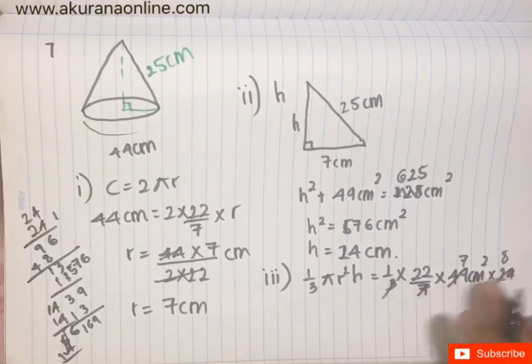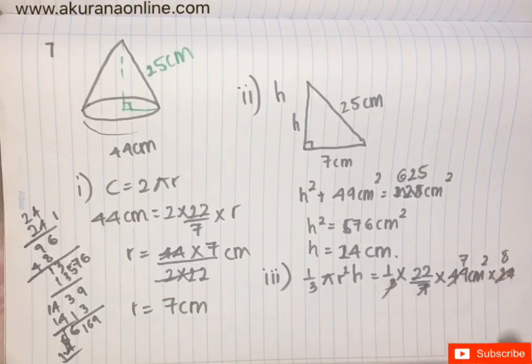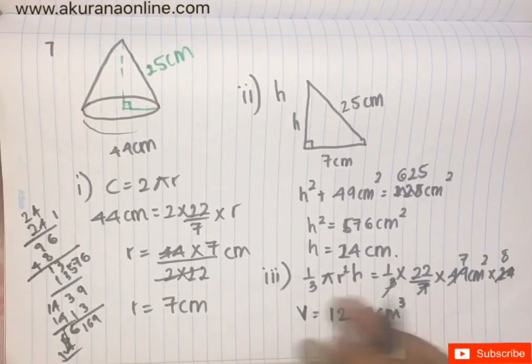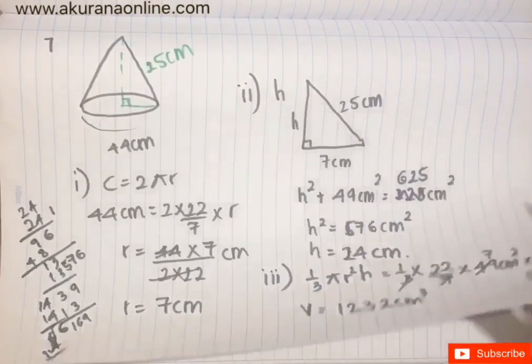Therefore, you have to multiply 56 into 22, which gives you 1232. Just check the answer. Anyway, after substituting we just have to multiply the values.